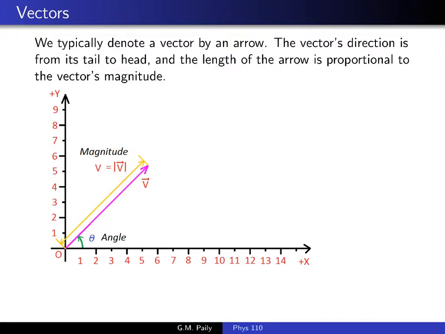So this is the operation of taking the magnitude of the vector. Remember that the magnitude is just a number with units. It does not have a direction. So you need both the magnitude and the angle or the direction to reconstruct the full vector.